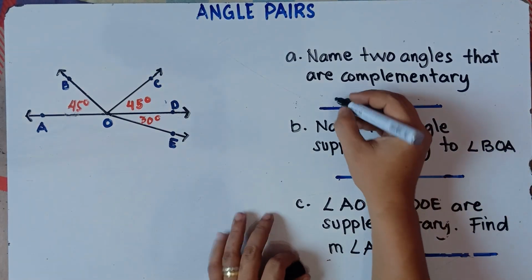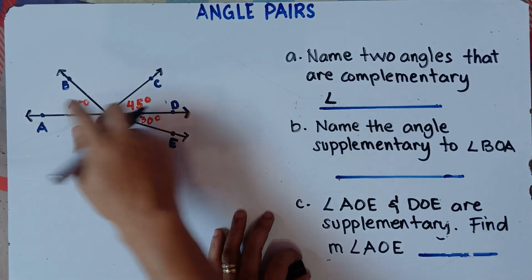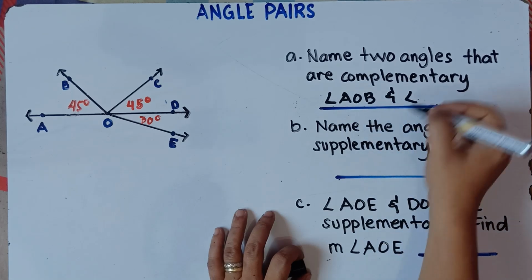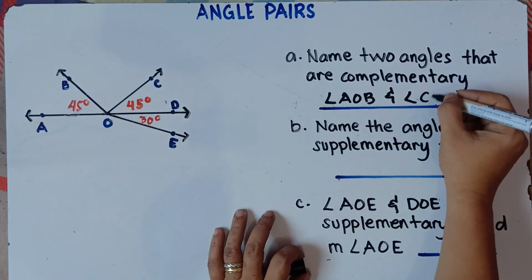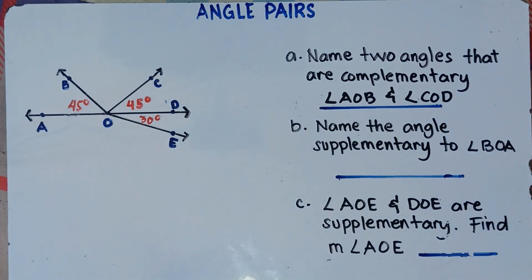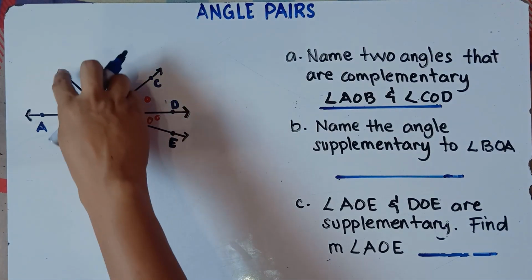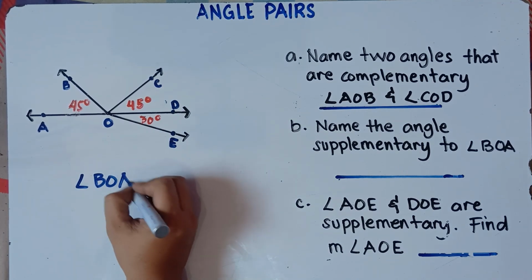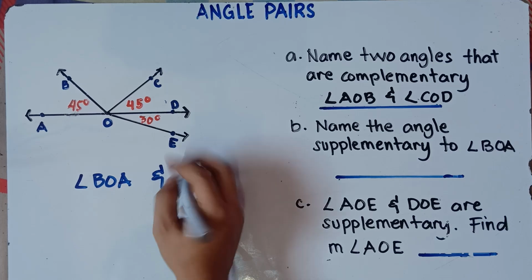We have angle AOB and angle COD. Those are complementary angles. Question: can I read this as angle BOA and angle DOC?